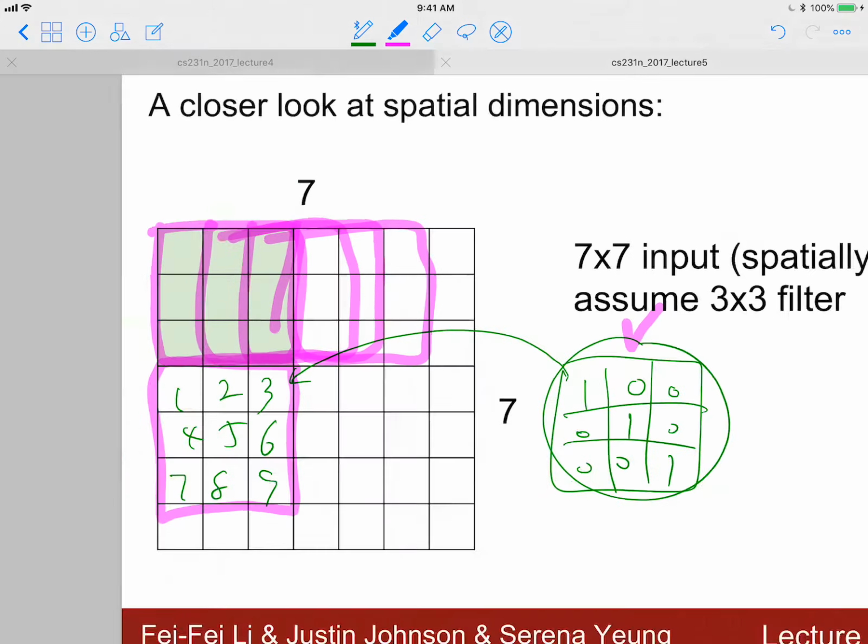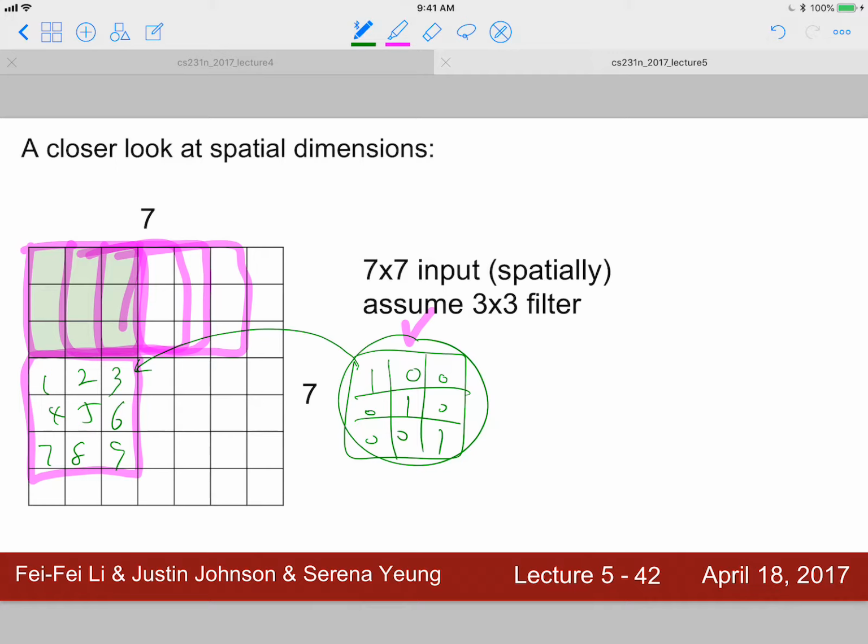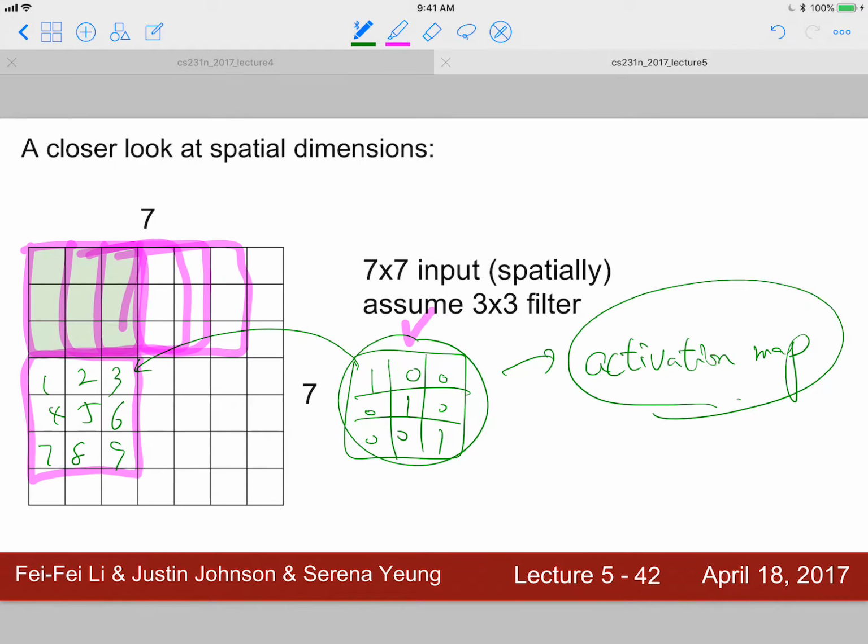So that way, when computing the output of this convolution, we sometimes call it an activation map, right? This activation map typically refers to the input or the output matrix between the convolution layers, right?